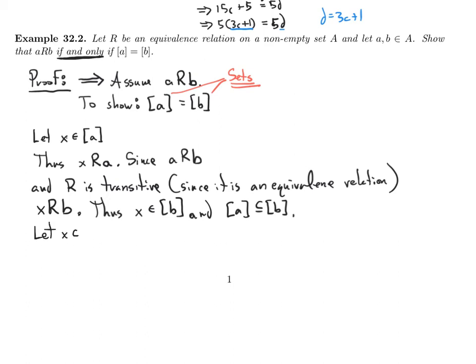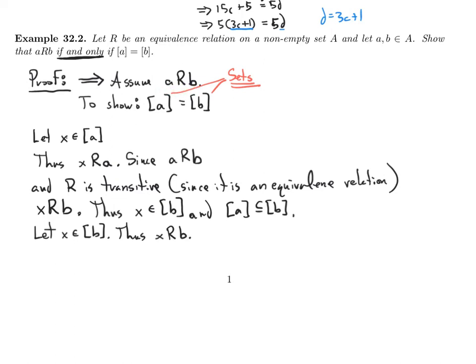So let's let X be an element of the equivalence class of B. Thus, X is related to B. We need to show X is related to A. And we have to be a little bit careful here. Here we have A is related to B. That's our assumption.